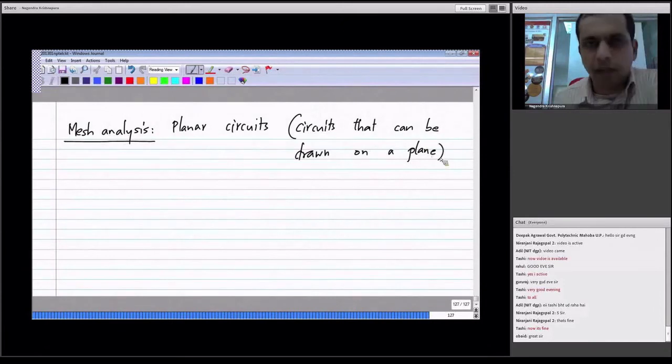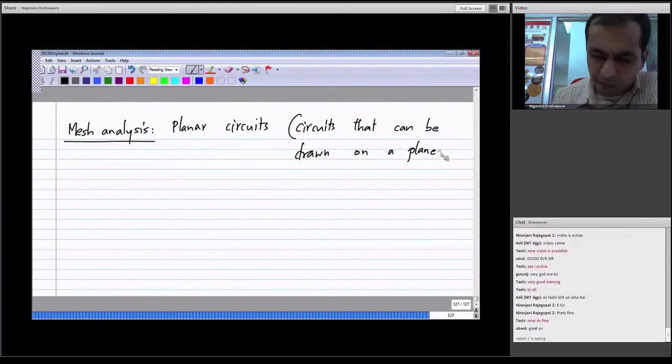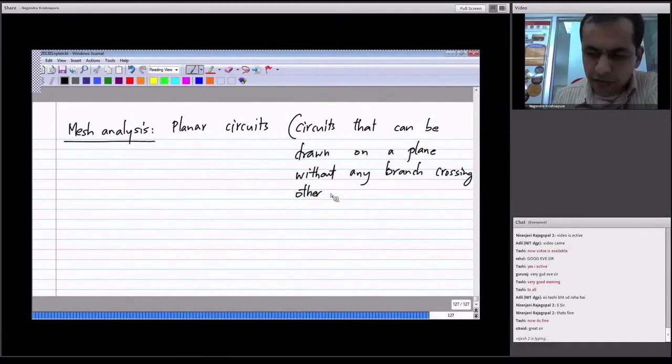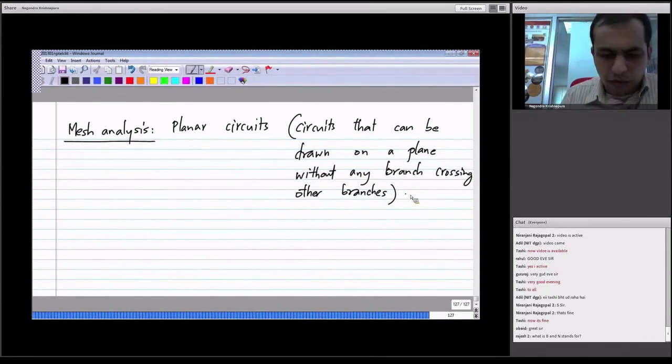So all the circuits that we have considered so far, they can be drawn on a plane. What I mean by this is without any branch crossing other branches. Okay. Now I'll give you an example.